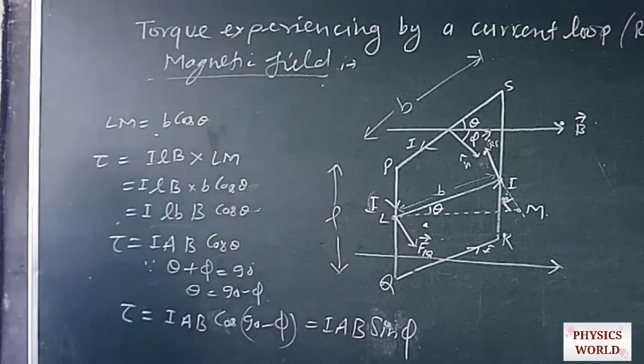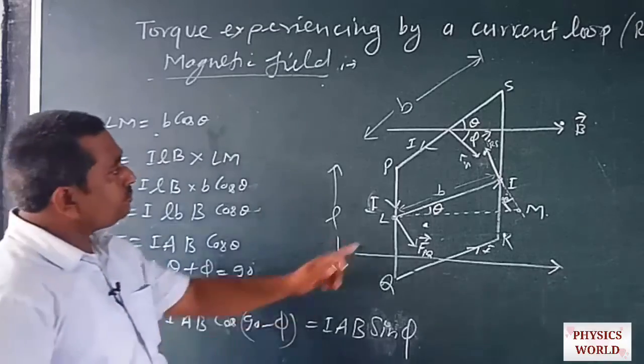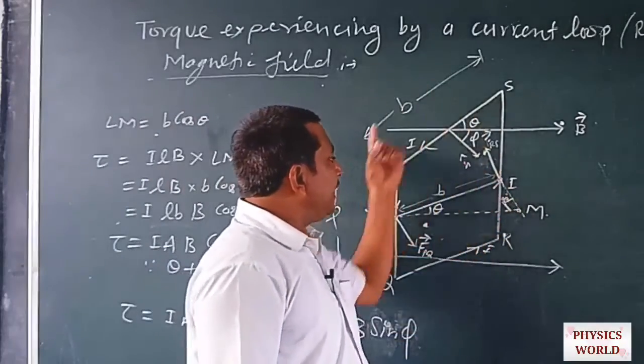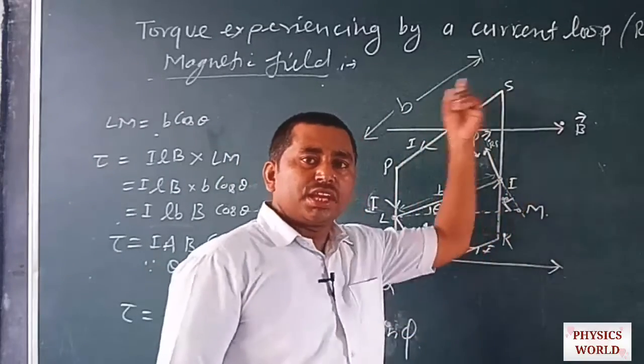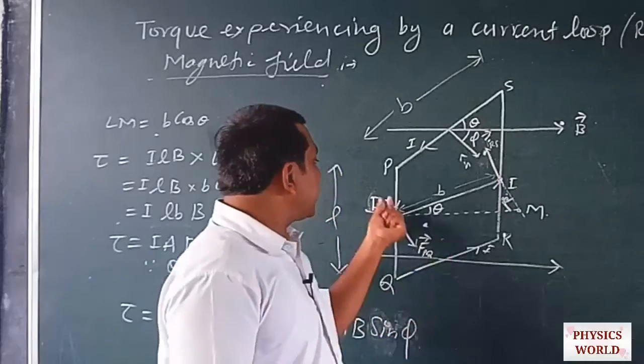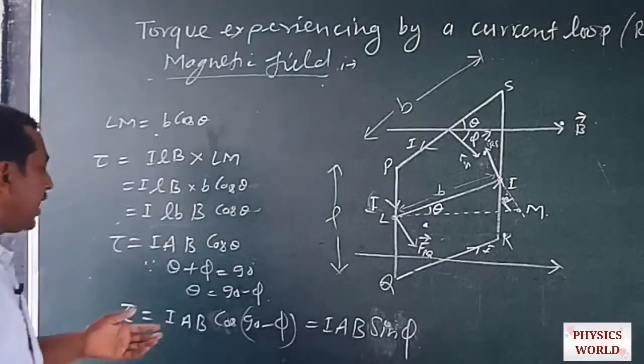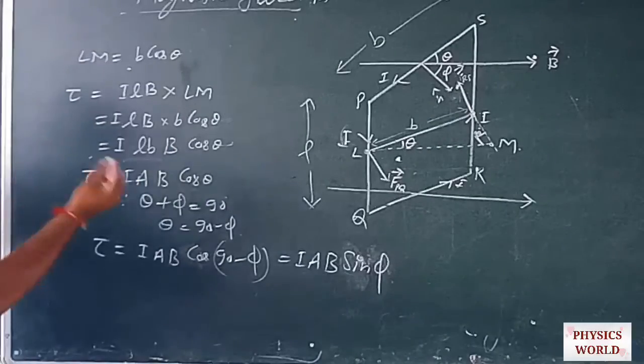Suppose the coil contains n turns, then each turn carries a current of I, so the total current is NI through each turn or each arm.